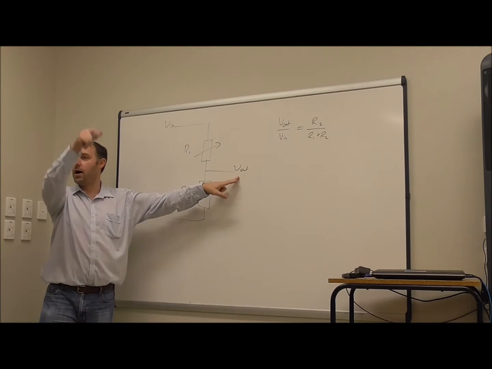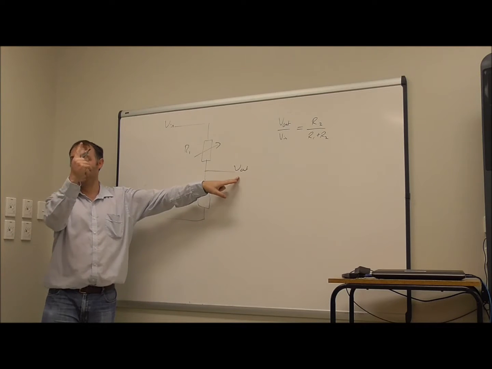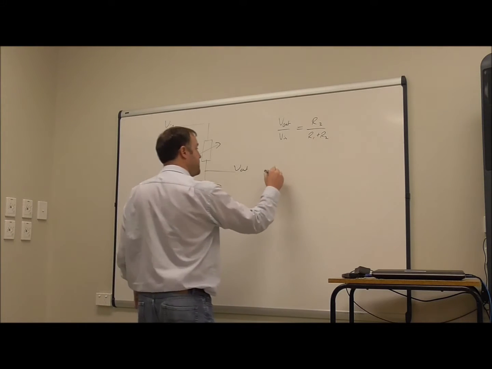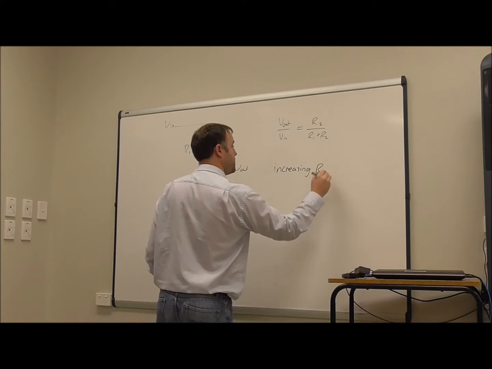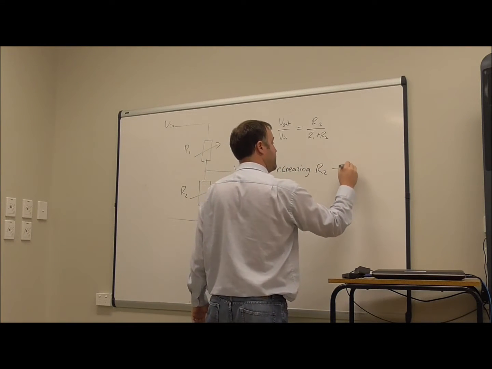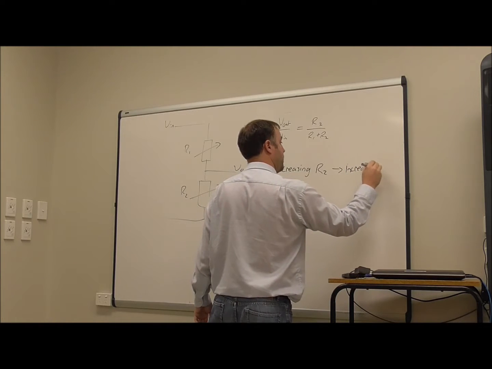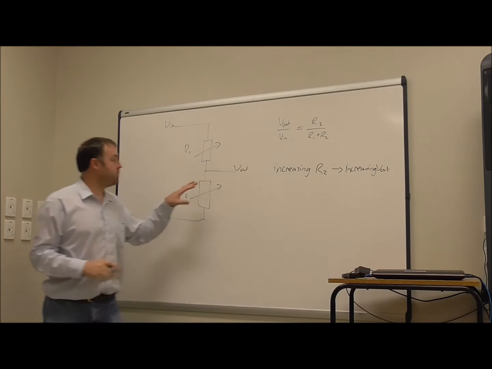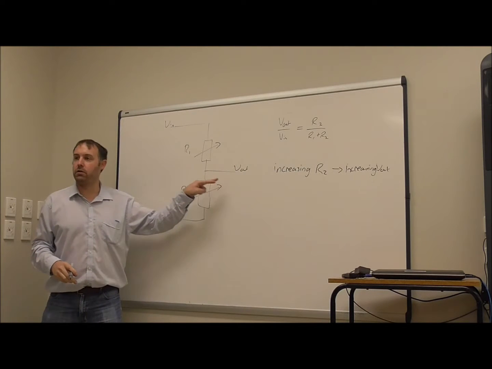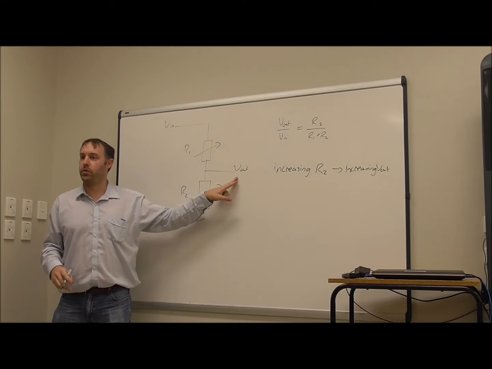Does it make it get higher or lower? It goes higher, doesn't it? So increasing R2 gives an increasing V out. It's important to remember that if this resistance here increases, then this voltage will also increase with it.